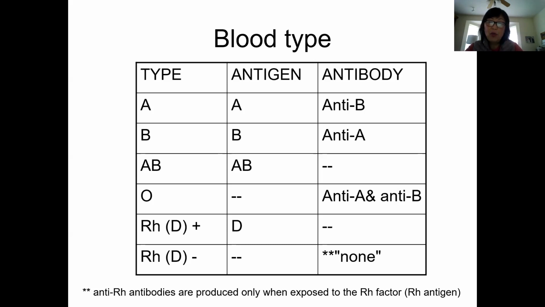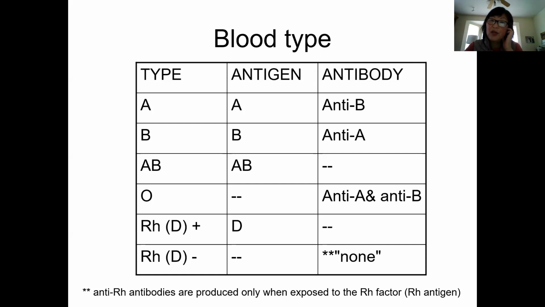Now look at column 3, antibodies. Normally antibodies are circulating in the blood plasma. So you have to remember this. Antigens are located on the cell surface. Antibodies are in the blood plasma. In general, you will not have antibodies unless you are exposed to a specific antigen.